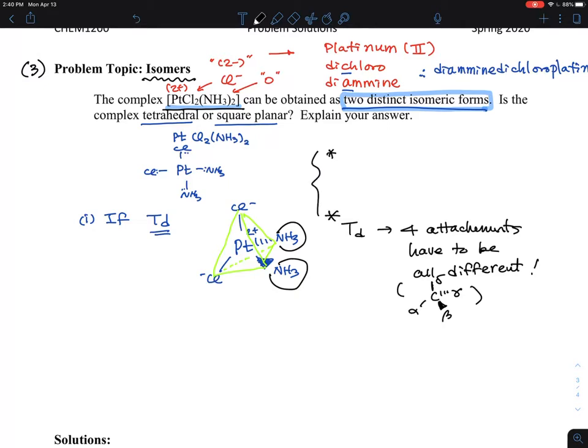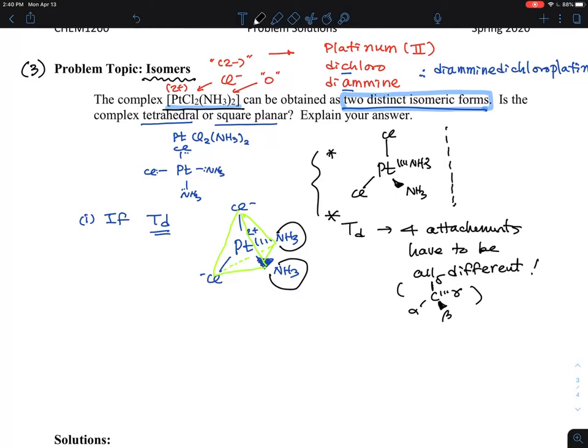Another way for you to look at it is, okay, Pt with NH3, Cl and Cl. That's how I draw. And then let's do the mirror complex.